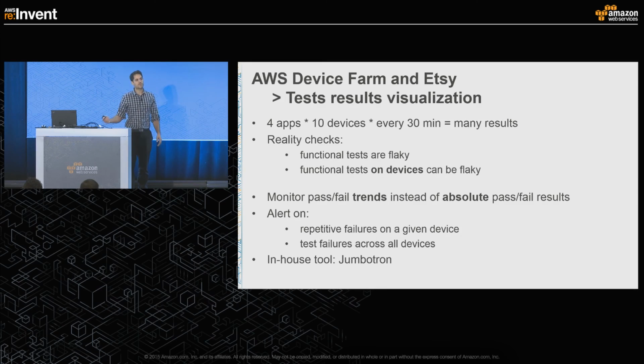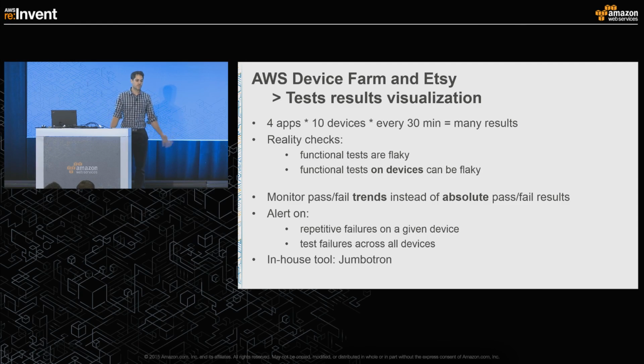We prefer to monitor the trends, like, has one test been failing repetitively for the past 5 runs? That's a strong signal that something is wrong, either with the test or one of the features is broken. Or did one test fail across all the devices at once? That's a strong signal. If one test fails once on a device, it could be flaky, it could be not. So the idea is really looking at the big picture.